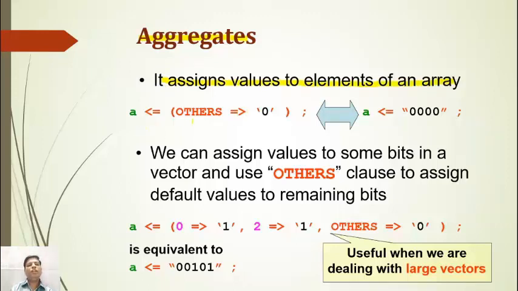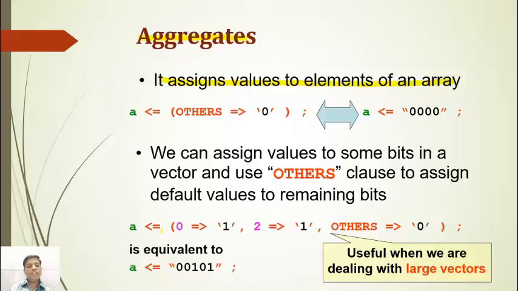A <= (others => 0) is equivalent to A <= 0, 0, 0, 0. We can assign values to some bits in a vector and use the others clause to assign default values to the remaining bits.